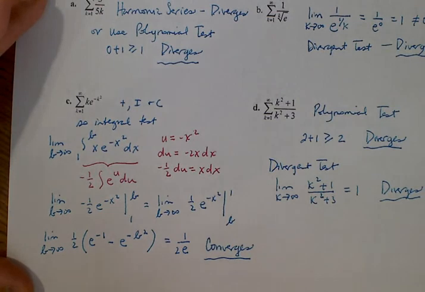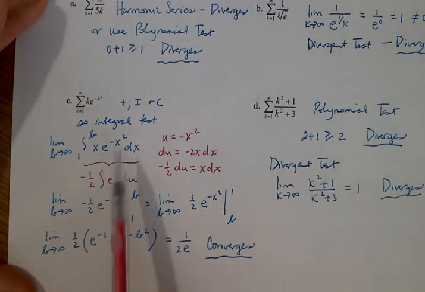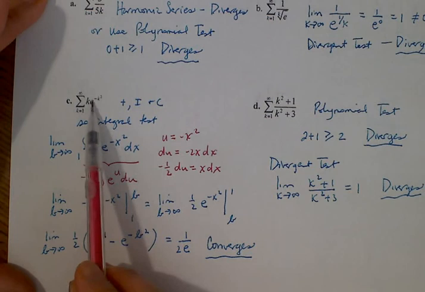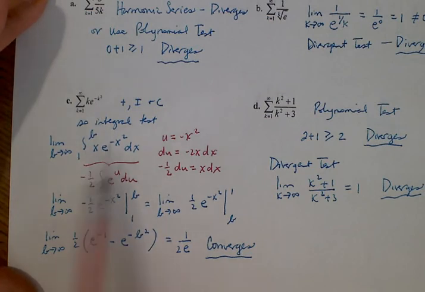Okay, for C, I use the integral test. And the reason is that this is easy to integrate. And so I did a u-substitution on this. And then I take the limit and evaluate, and I get 1 over 2e, which means that the integral converges, so then the series converges.